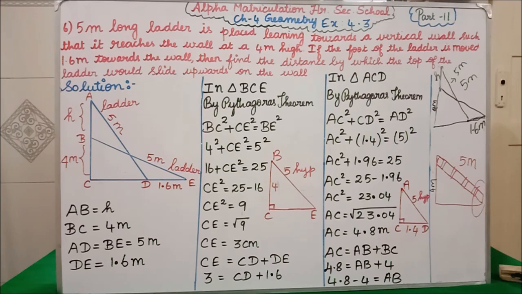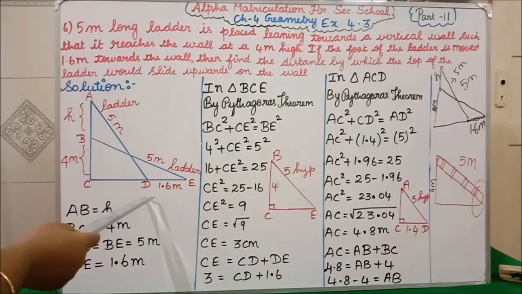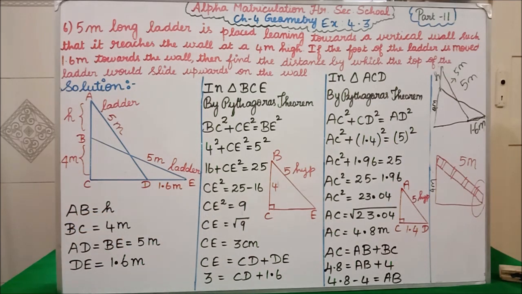If we take 5 meter, it will always be 5 in any direction or position. So AD is 5 means BE will also be 5 meter. DE means how much distance it has moved: 1.6 meter.